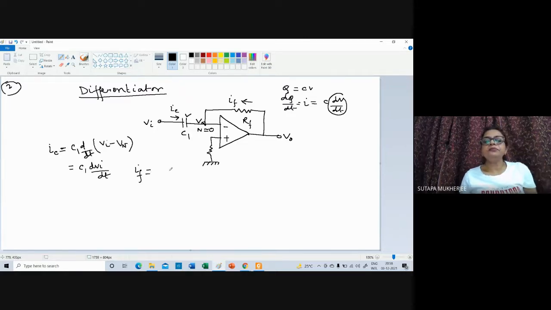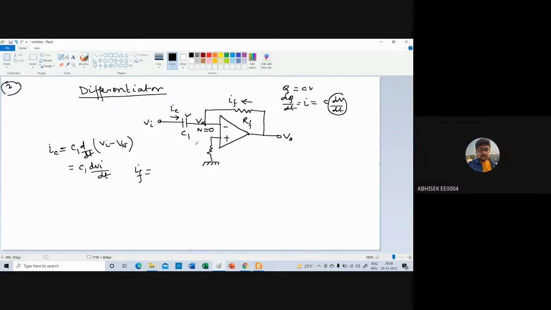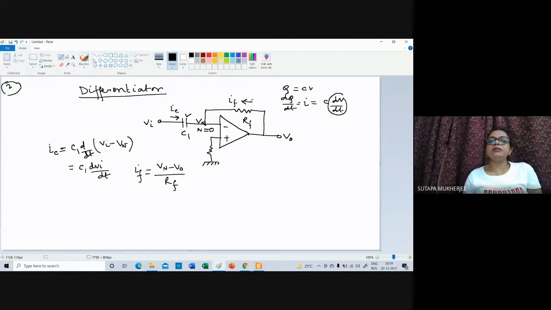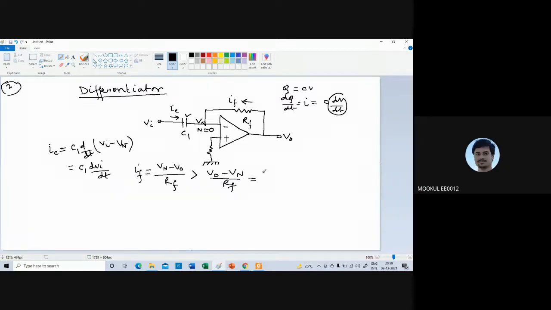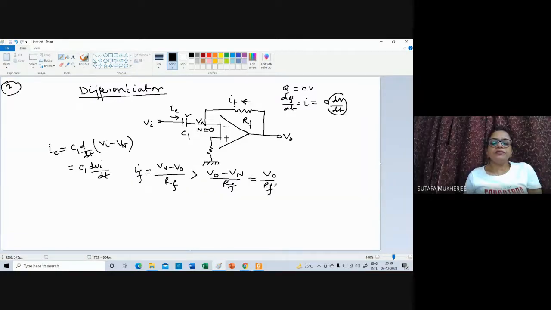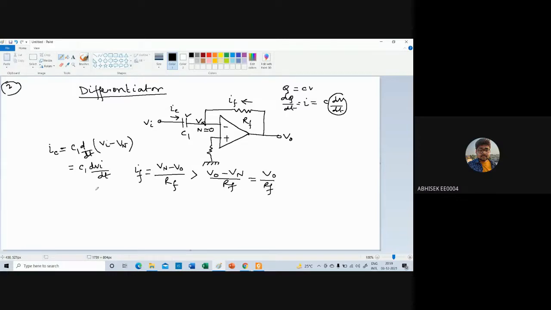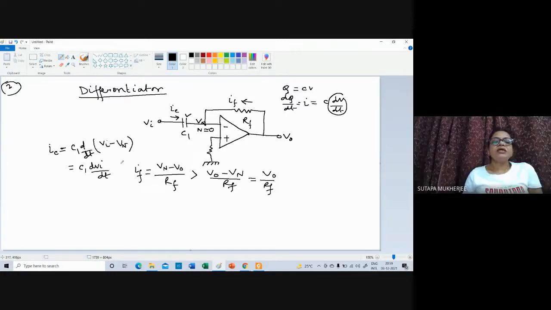It's Vn minus V0 divided by Rf, means 0 minus V0 by RF. Exactly. But what is the direction? Opposite direction. So it will be V0 minus Vn by Rf. Am I correct? So it will be V0 by Rf.